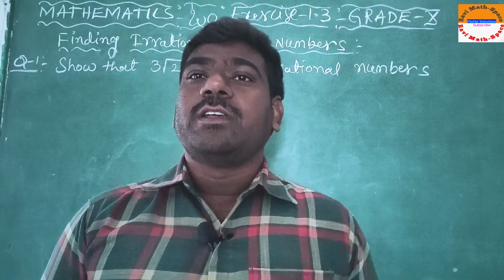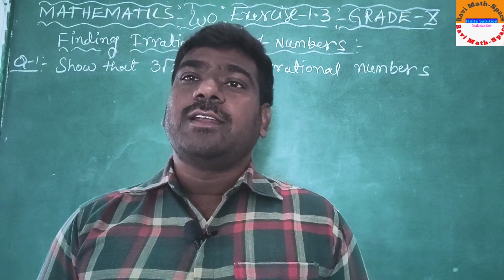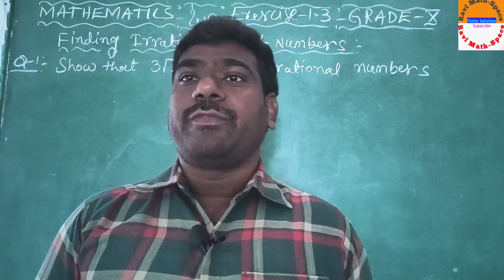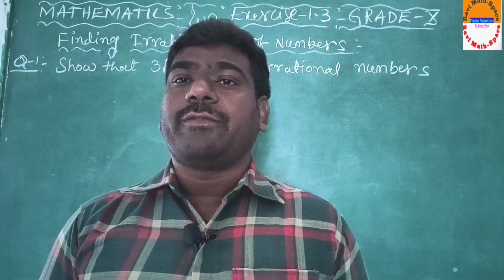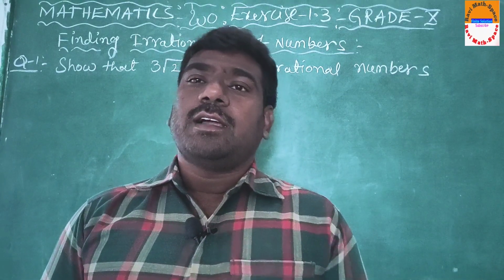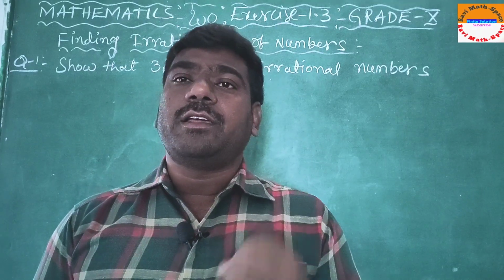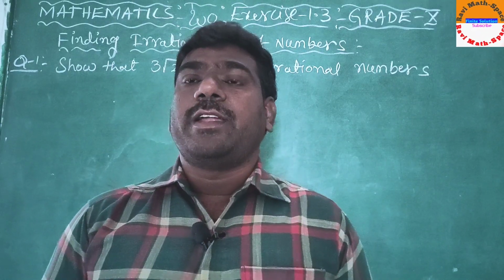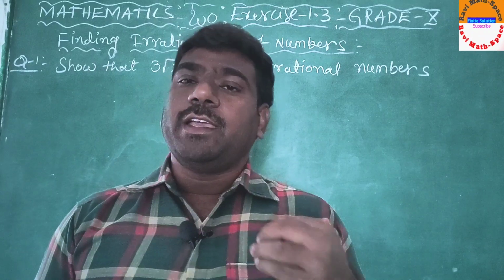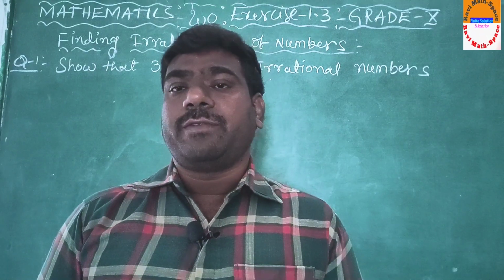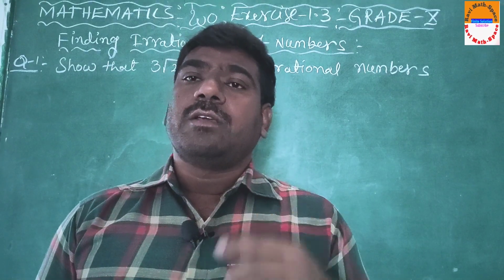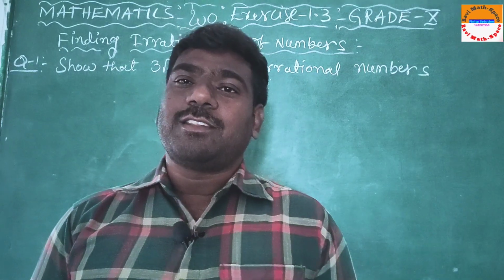Myself, Ravi. Today we are going to learn and discuss the topic of finding the irrationality of numbers. Already I have explained the introduction of rational and irrational numbers, as well as finding the irrationality of given numbers, in the previous video. You can watch the previous video and learn the concept thoroughly.